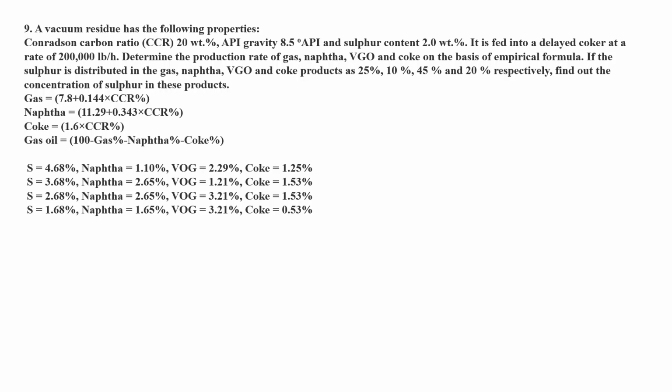So all this is given for a vacuum residue, in which CCR, that is the carbon residue, is given. API gravity is also given to us, and the sulfur content is also given.